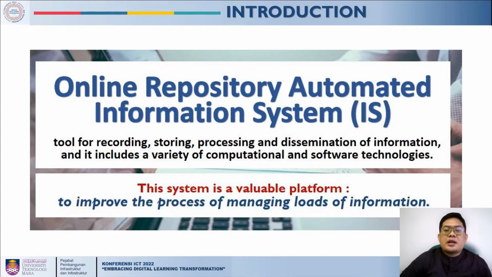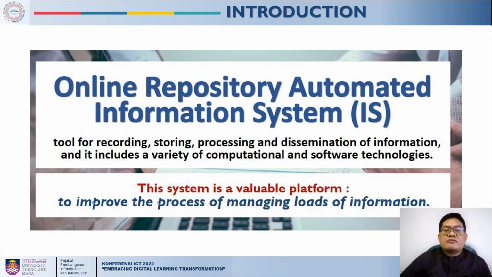Let me give you a basic overview of what the online repository automated information system is. Basically, this system is a tool for recording, storing, processing, and disseminating information, and it also includes a variety of computational and software technologies.